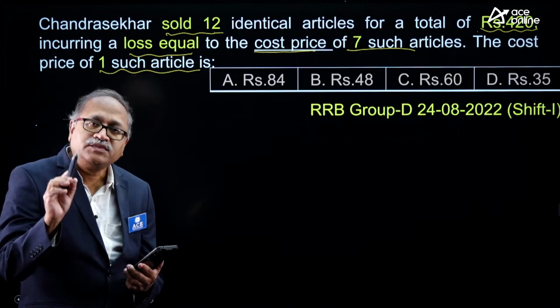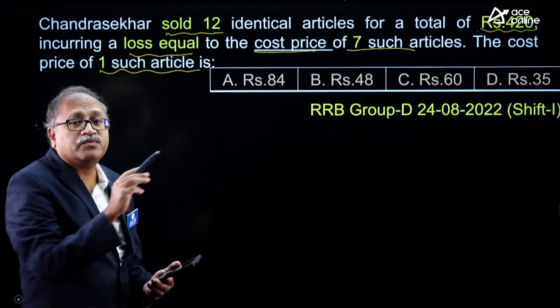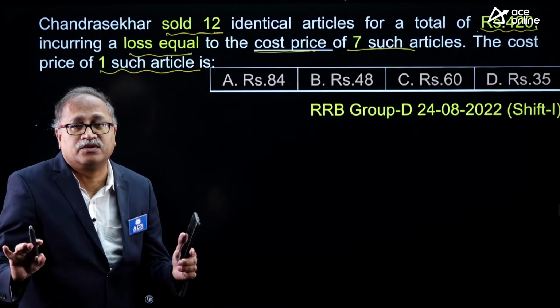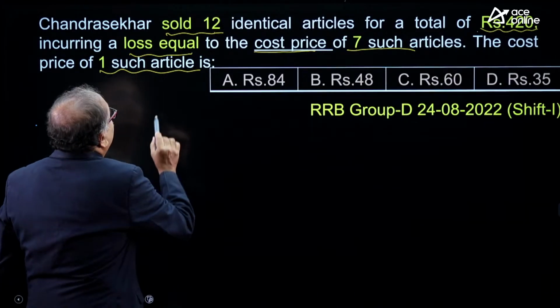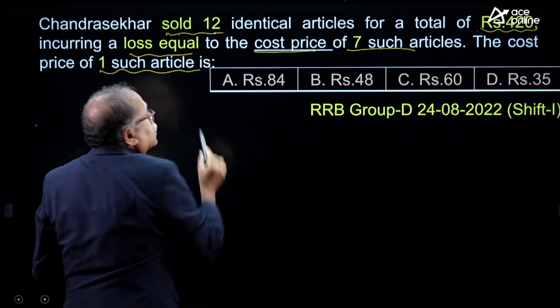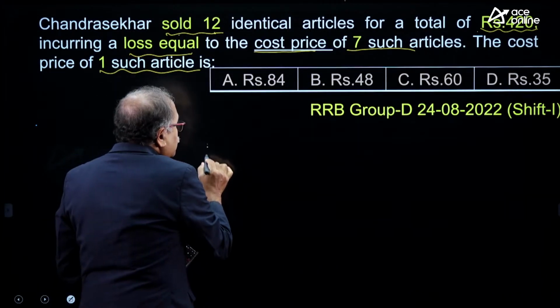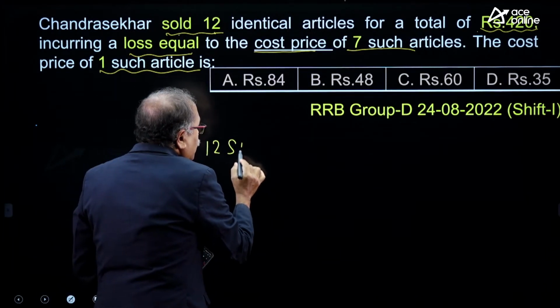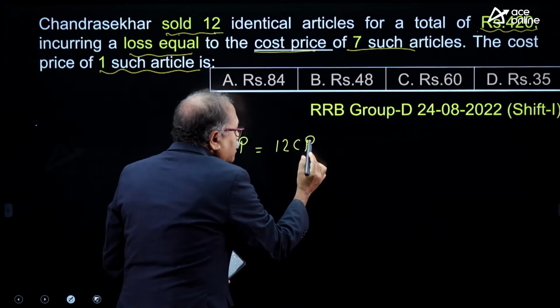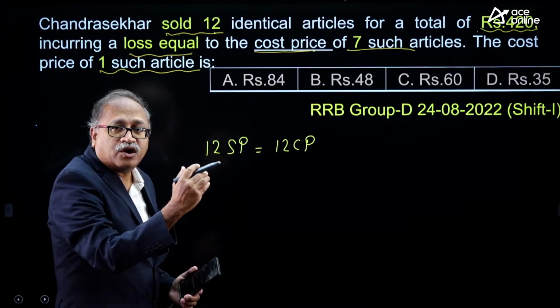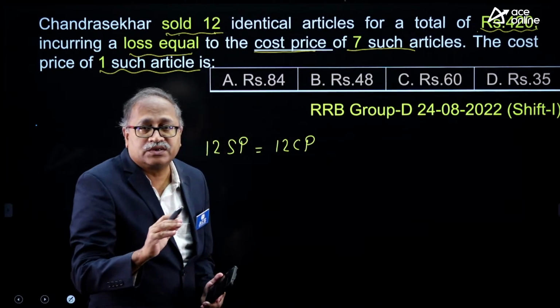Now, see the approach, and this kind of question is very common in profit and loss. So, what is the way to answer the question? He sells 12 articles. So, the selling price of 12 articles, 12 SP, is equal to 12 CP plus profit or minus loss.